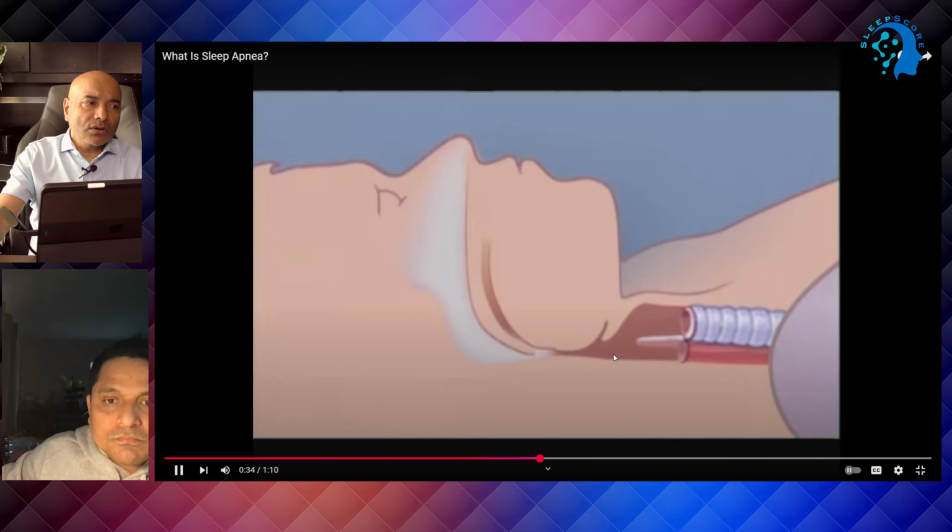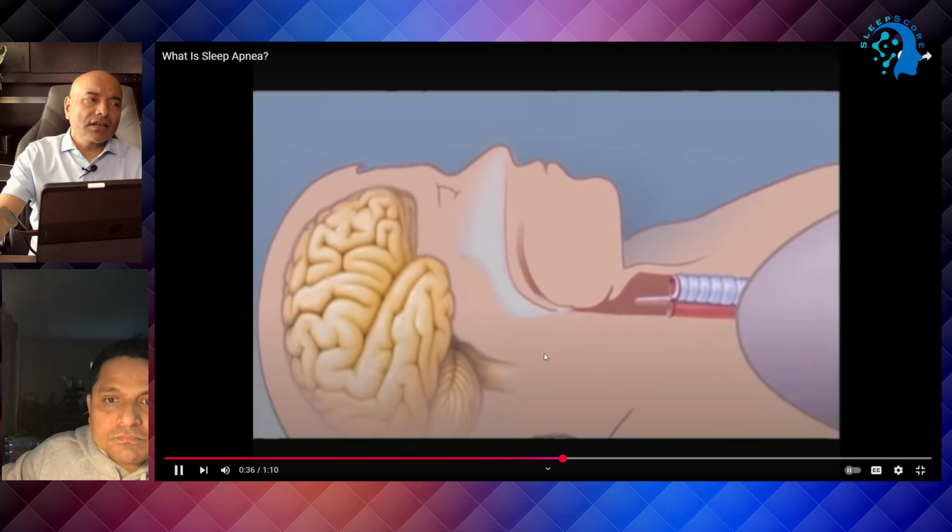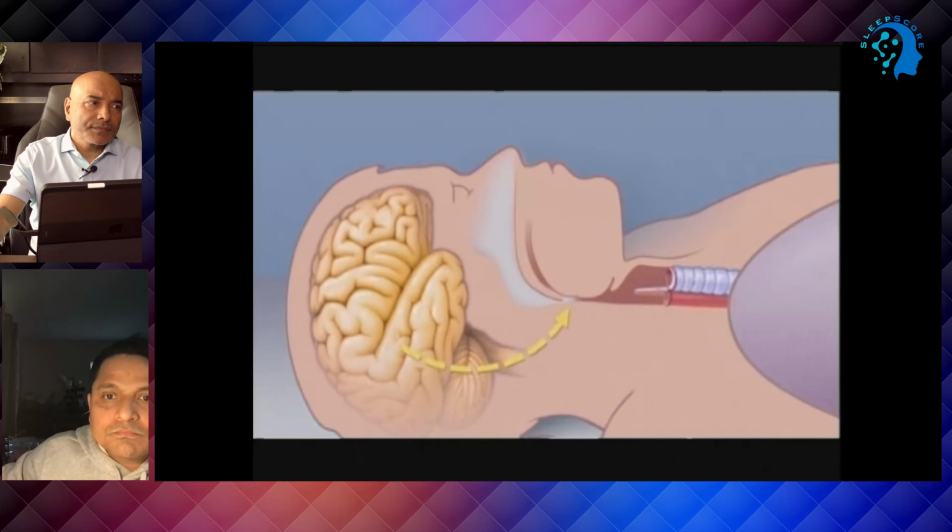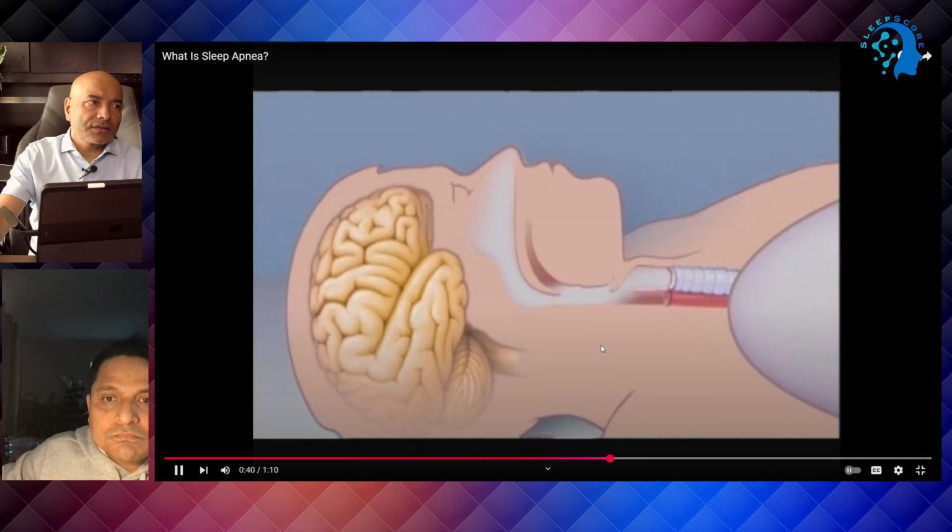When this happens a little bit, it is called hypopnea. The brain gets a message to wake up. The brain quickly activates the muscles that hold the throat open.